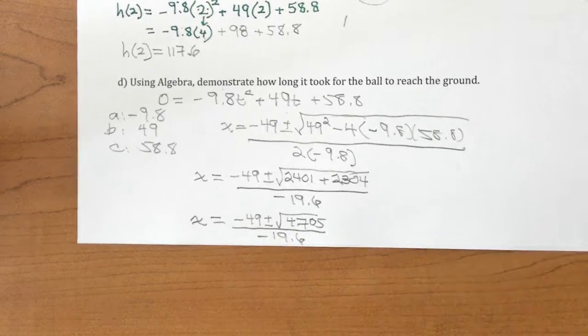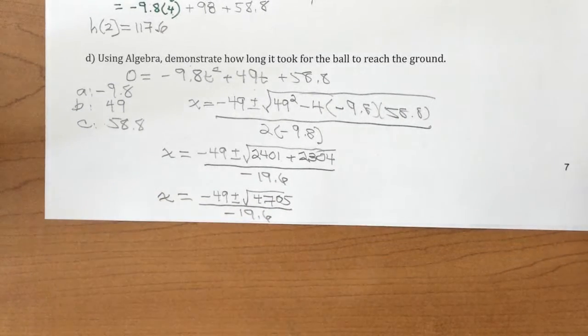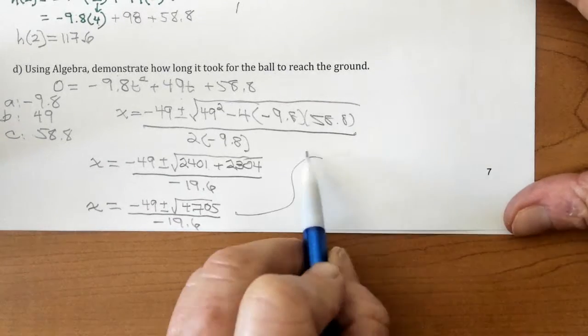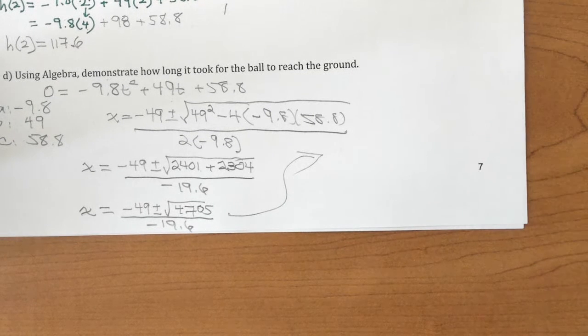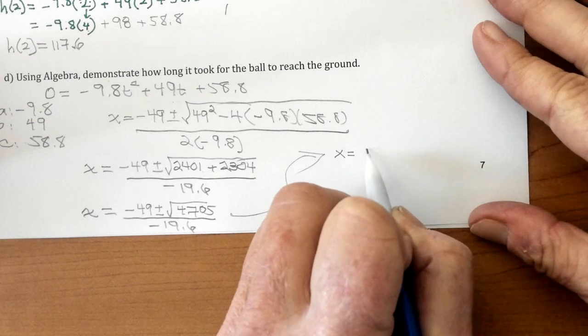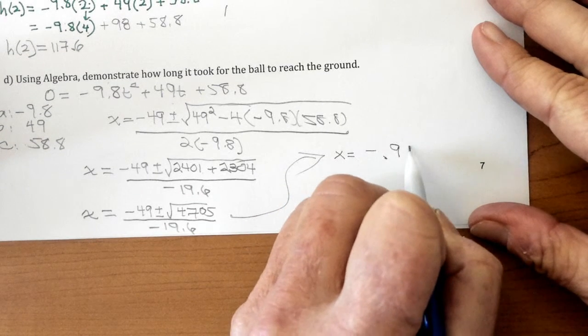This is where my calculator definitely comes in handy. So let's go over here. Once I plug all of the information into the calculator, I get two values for x. I get x is equal to negative 0.99999.